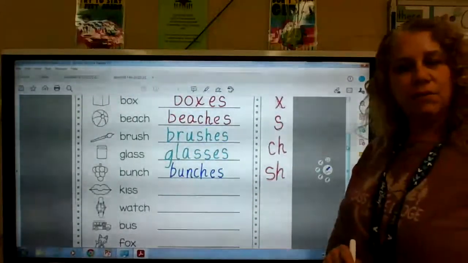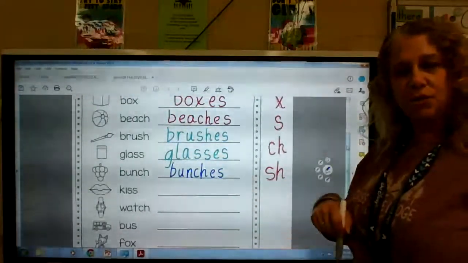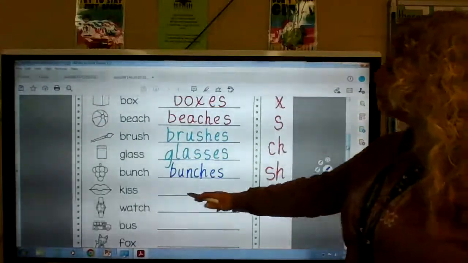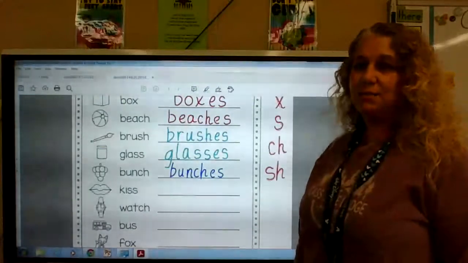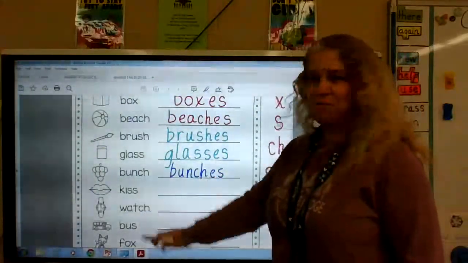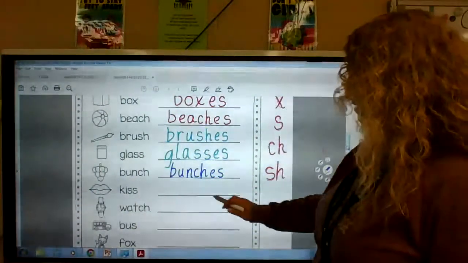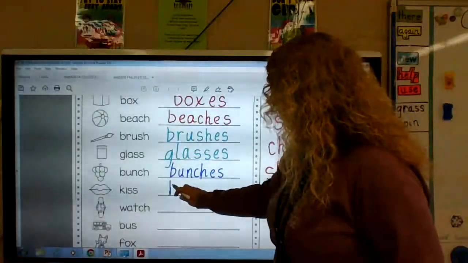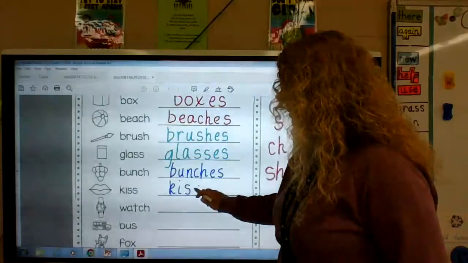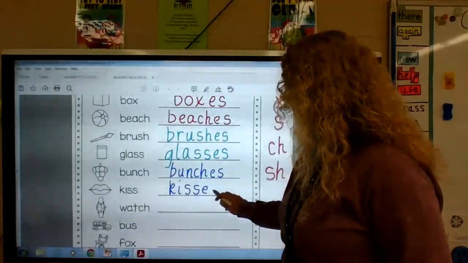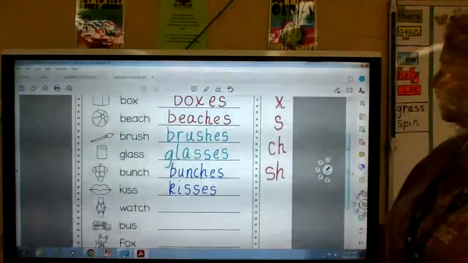Kiss, that was one of our spelling words, wasn't it? When we had short I. Kiss, it ends with S, so do we need an ES? Yes, we do, don't we? Because if we didn't, we would have 3 S's in a row. That would be silly. So kisses. Kisses.